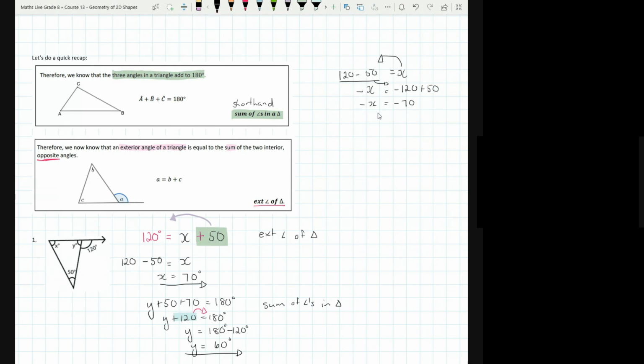But I didn't ask for my answer to be in negative x. I asked it to be just in x. So I have to divide by negative 1. Why? Because of my invisible 1 in front of this. That is actually negative 1 times x. So to get rid of that multiplication, I divide by negative 1 on the other side. Negative 1's cancel. We're left with x equals negative negative 70.